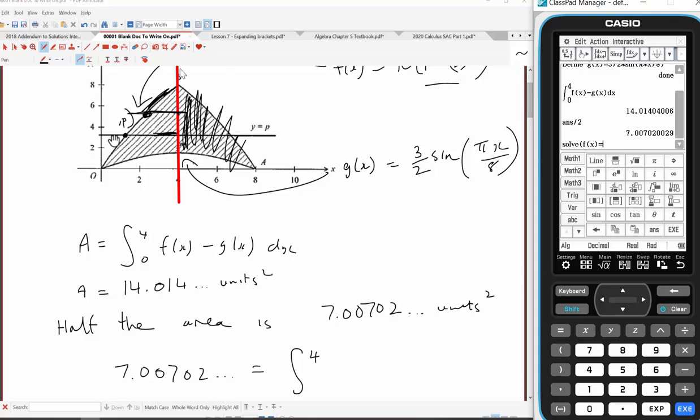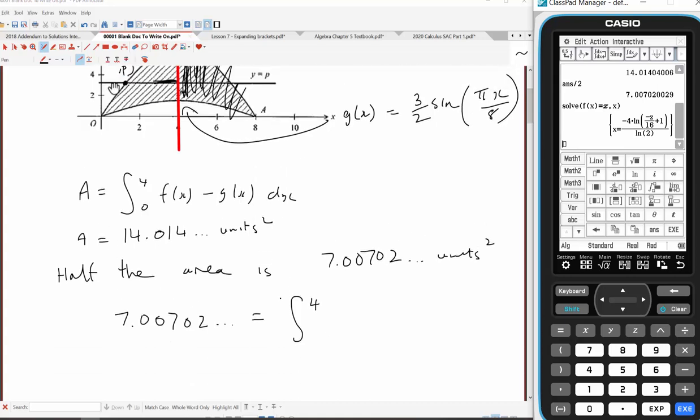Now one thing to note is that you can't use the variable p on the calculator. I've forgotten why, but you're not allowed to use it. So we're just going to call this z on the calculator. So when does it equal z? And I'm going to solve that for x, i.e. I'm going to get the x value out of it. Okay, and the x value is this thing here. Now I'll just go and write this as that.